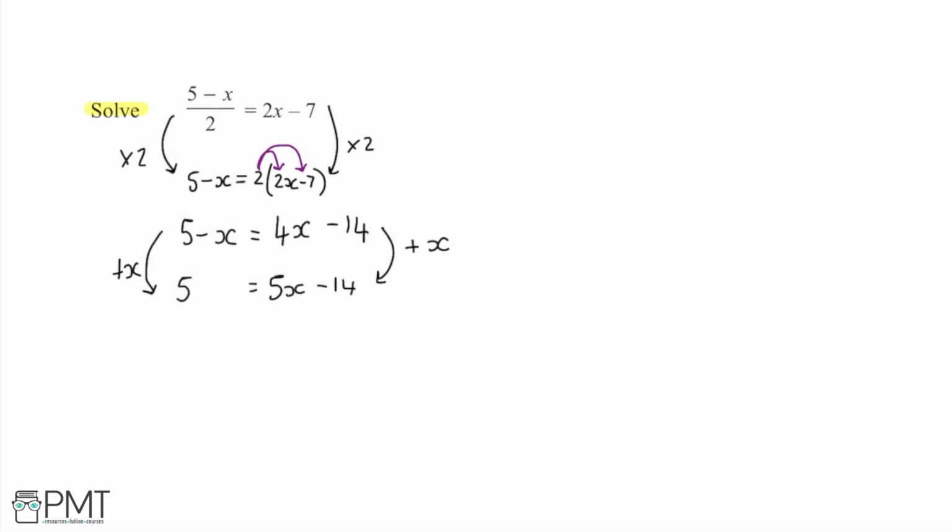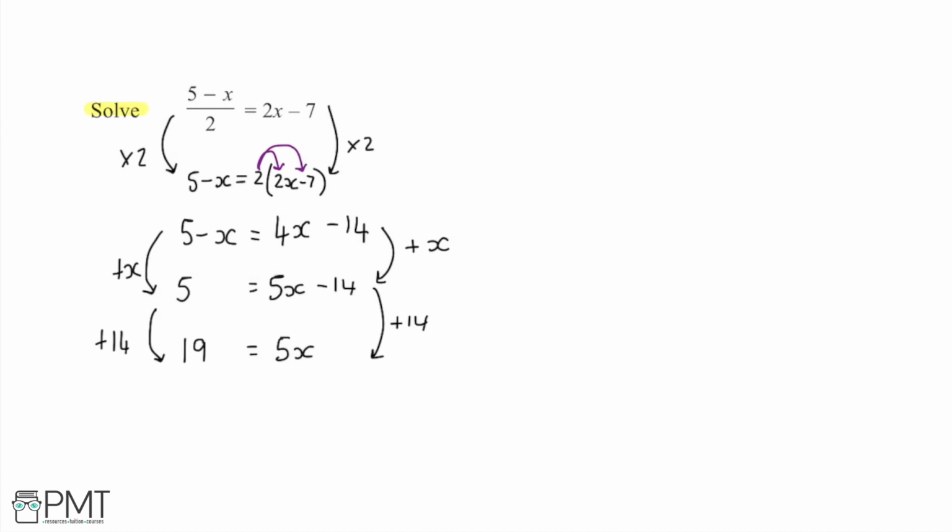And now to take all of the numbers to one side and keep the x's on the other, I can add 14 to both sides, as I have this negative 14 here. So 5 plus 14 gives me 19 is equal to 5x.